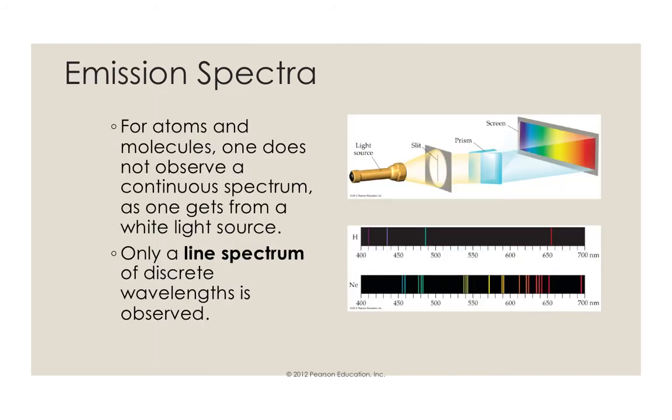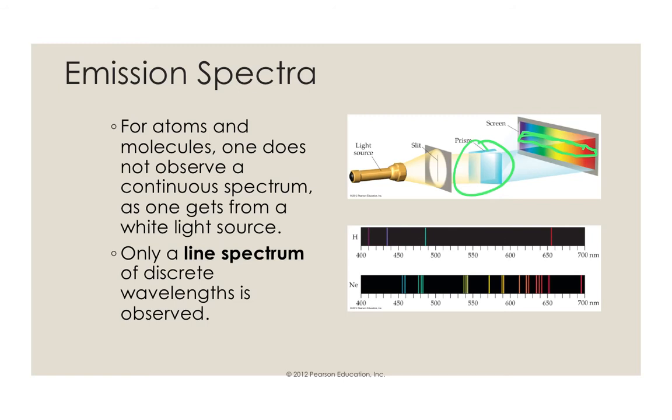For atoms and molecules, what they found out is when they ran light through them, you didn't get all of the colors of the rainbow when you ran it through a prism, like you would if you put sunlight through it. If you've ever had a crystal that hangs in a window, you know that it makes a full spectrum rainbow.